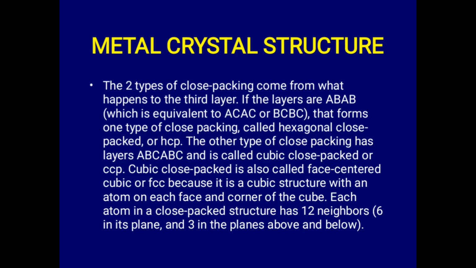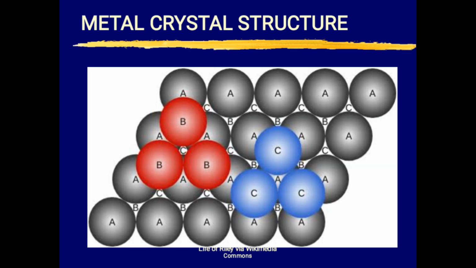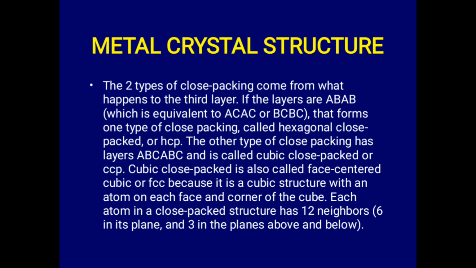The hexagonal close packing usually has a layer of ABAB, like we have seen in this diagram here. And then of course you can have cubic close packing that has ABC ABC.